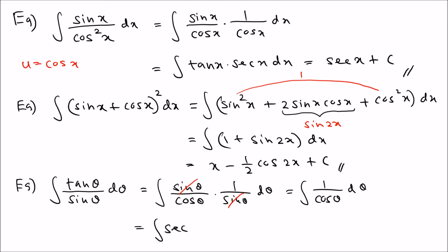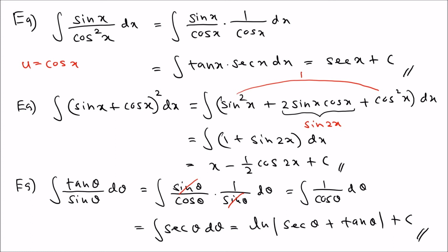So we have secant theta d theta. According to one of the formulas, this is simply the natural log of secant theta plus tangent theta plus c. So this is how you do this problem. What we did was rewrite using sine and cosine, and then there's a nice simplification going on.